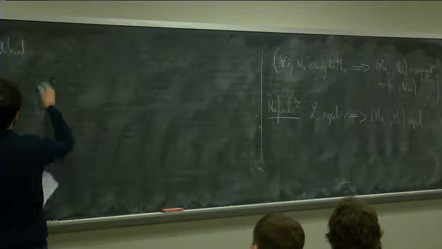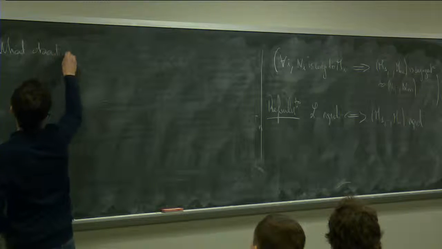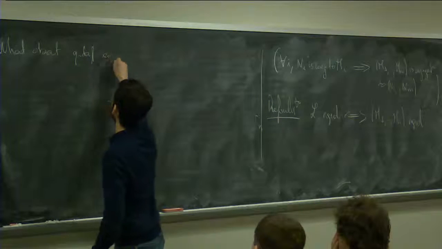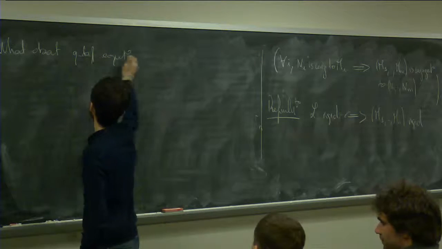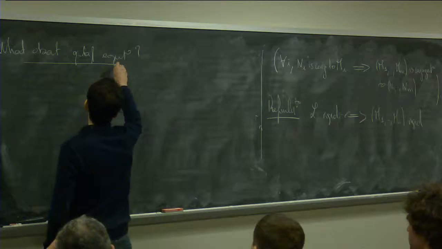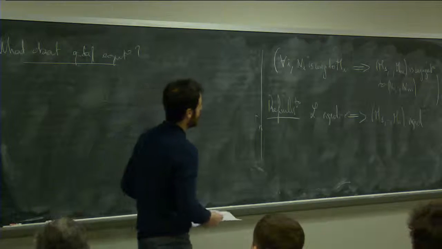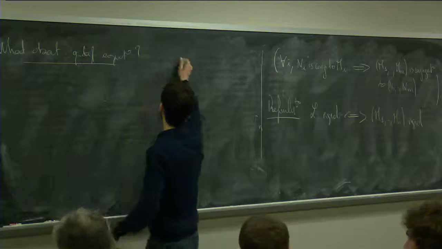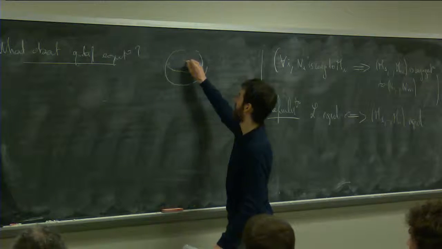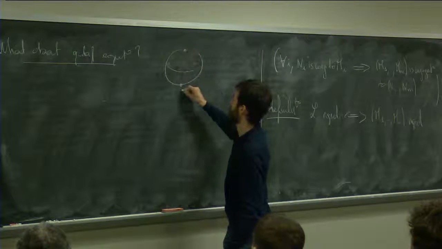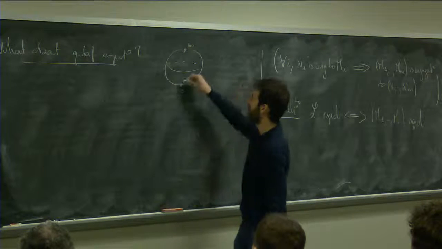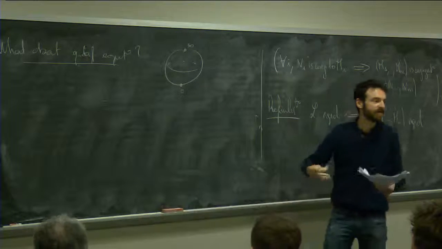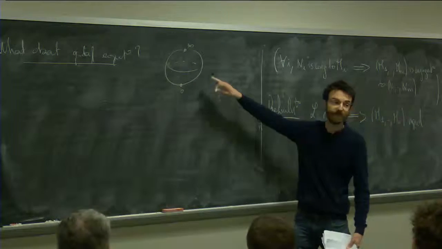Okay. More or less. So what about Q-difference equations? So basically, the problem is that, as I said before, in the context of Q-difference equations, in this picture we know what local at zero and infinity means, but we don't know what it means over C star.